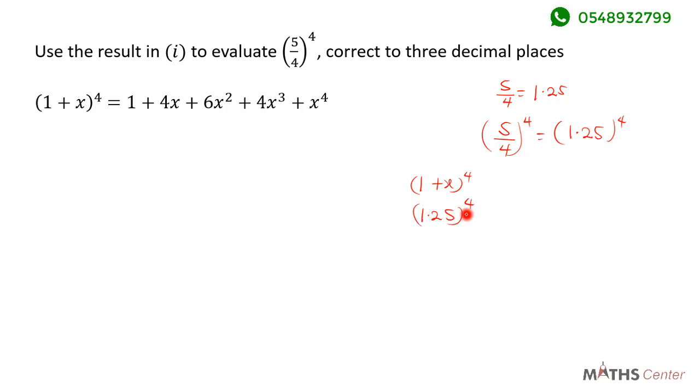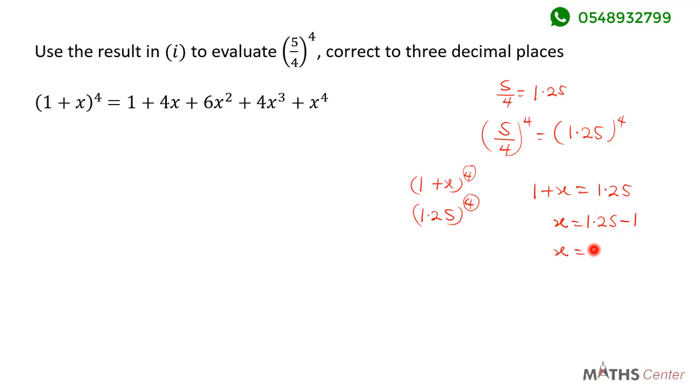1.25 exponent 4. Now when you compare them, you can see that we have exponent 4 here, we have exponent 4 here. So then we can equate 1 plus x to 1.25. When you equate 1 plus x to 1.25, you can solve for x here. So x will be equal to 1.25 minus 1.